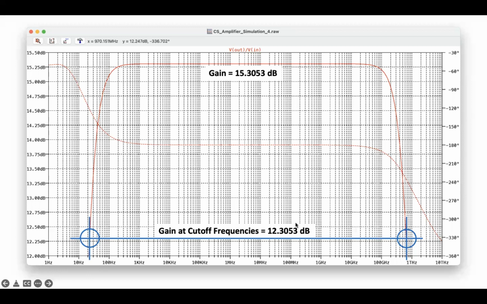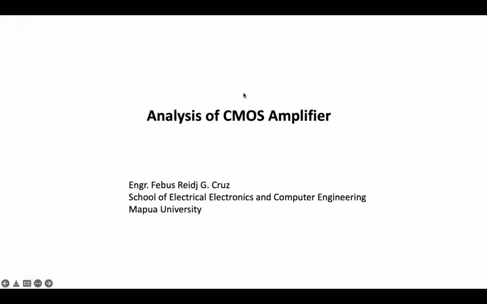But I would suggest, yan yung allowed. But I would suggest for optimum operation that we only limit our frequency where the gain is maximum. Okay? Para maganda yung performance. All right, so that ends our analysis of CMOS amplifier circuit.